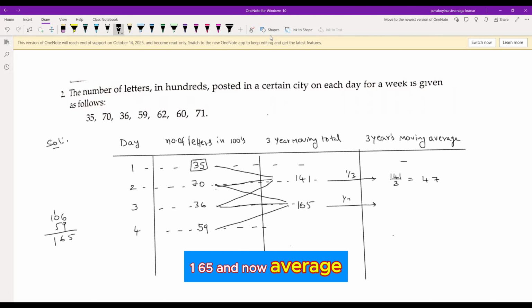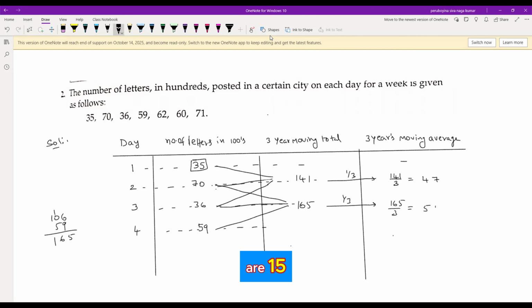And now the average, 165 by 3. 5 3s are 15.